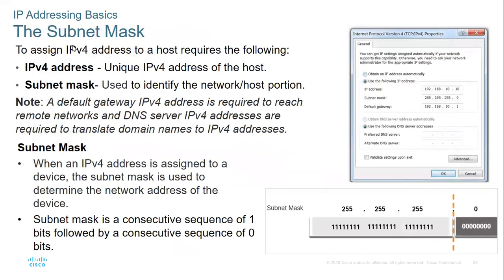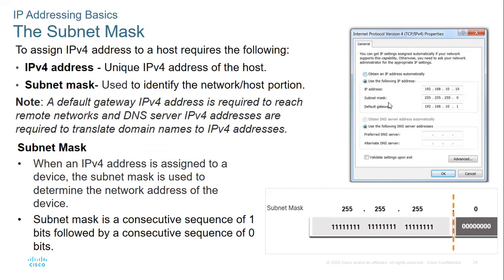All right, the subnet mask. Okay, so I think you have seen this. Your laptop can get the IP address either automatically through the use of DHCP or manually, statically.